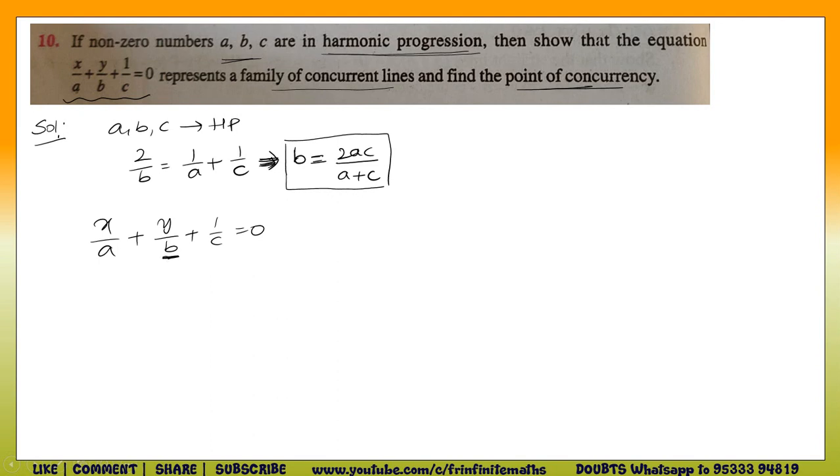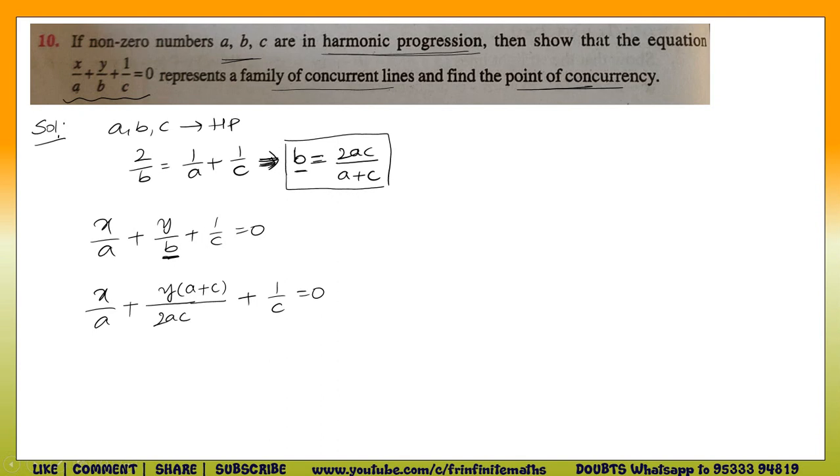In the place of b we need to replace with this, because this is nothing but the condition that he has given. So I can write it as x by a plus y by, instead of b, 2ac by a plus c. The denominator I can bring to the numerator. So this becomes a plus c, plus 1 by c is equal to 0. Now taking out the LCM.